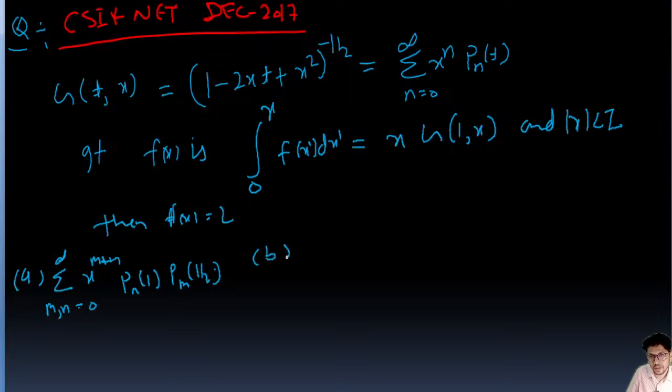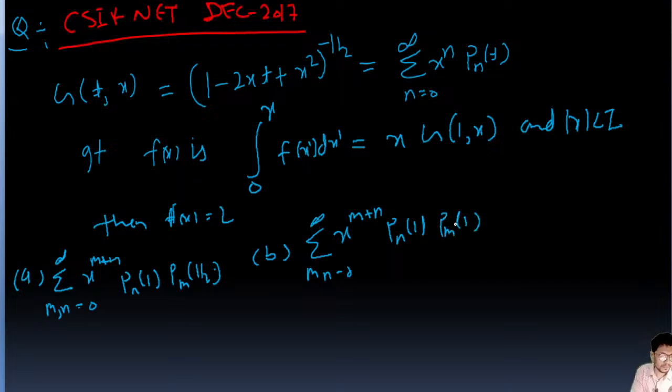Option B is sigma m,n equal to 0 to infinity x to the power m plus n Pn(1) and Pm(1).